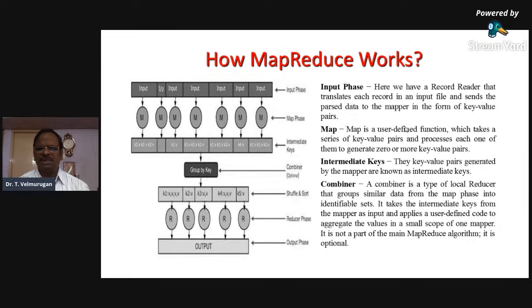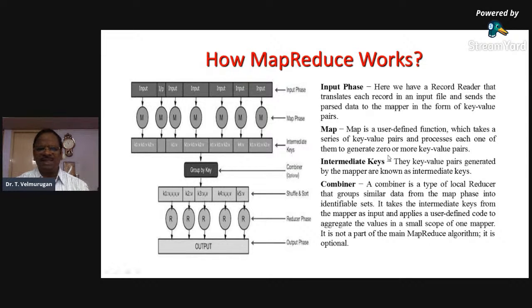Then the mapper is a user defined function. Based on your requirements, you can define the mapper function. It takes a series of key value pairs and processes each one of them separately to generate zero or more key value pairs.